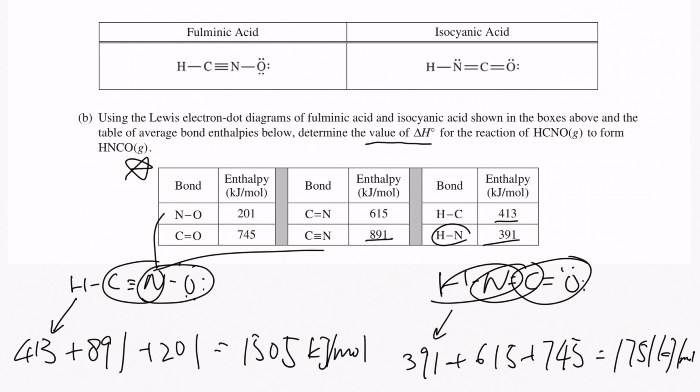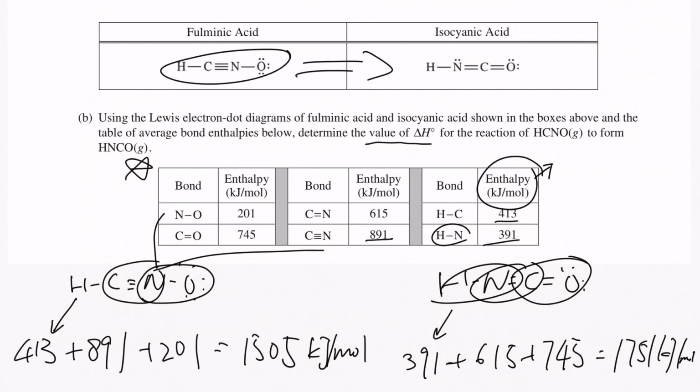So we should know another concept right now. All bond enthalpies are endothermic, which means it takes energy to break the bonds. So in this case, we have to break HCNO to form HNCO.